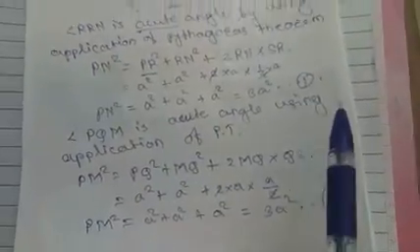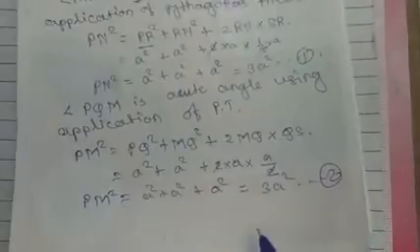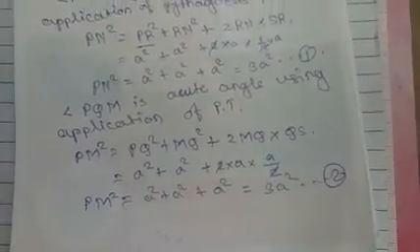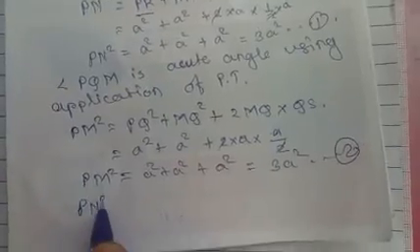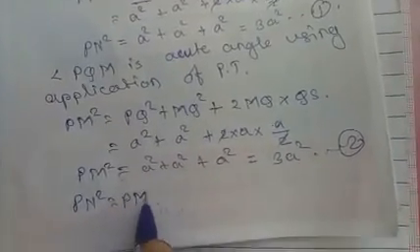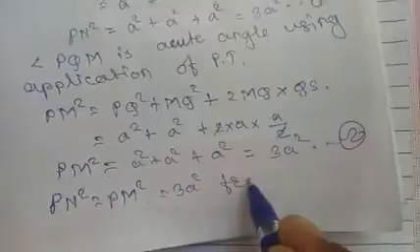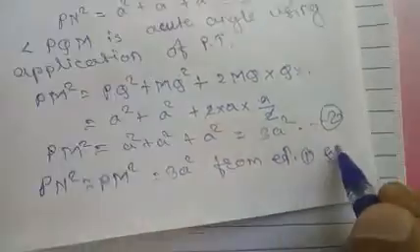Now see, in equation first the right hand side is 3A square, and in equation second the right side is also 3A square. This means PN square and PM square are both equal. Then we can write PN square is equal to PM square is equal to 3 times A square, from equations first and second.